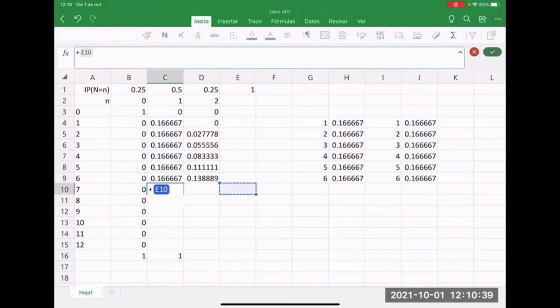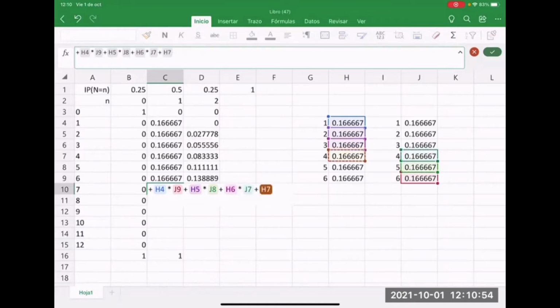Now, to get the 7, we need a 1 and a 6, or 2 and 5, or 3 and 4, or 4 and 3, or 5 and 2, or 6 and 1. So here you just have the full step with all of the distribution of one die.